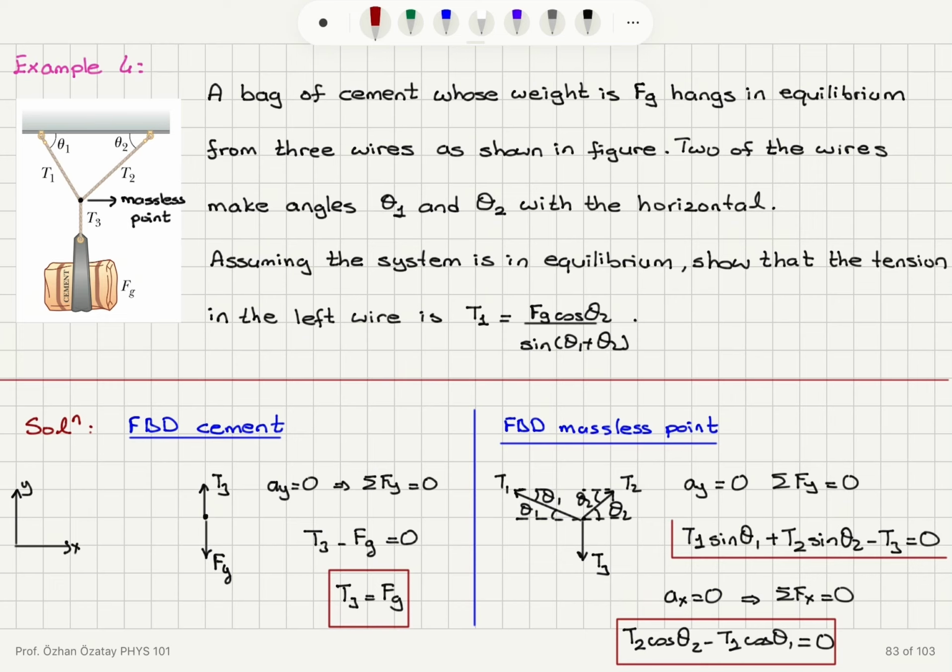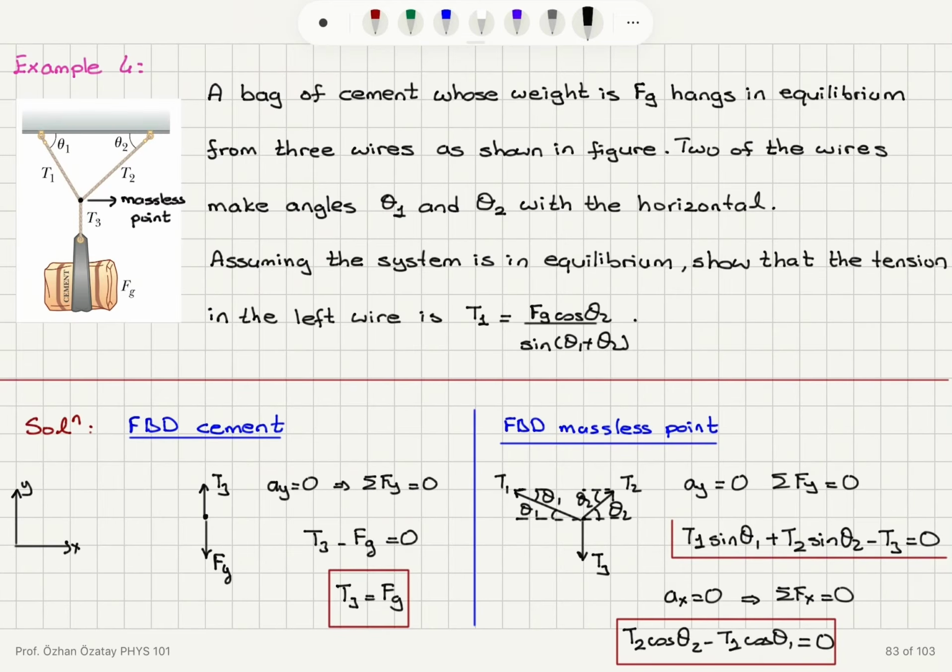Now, let's put the story together. We have first found that T3 is equal to the weight of the object. Now we can utilize this information in the equation that we have obtained between T1, T2, and T3.